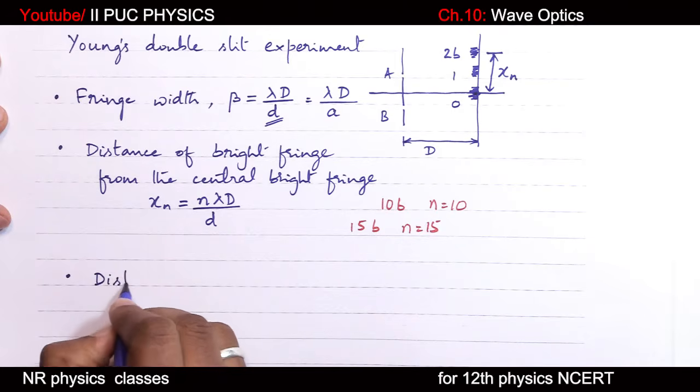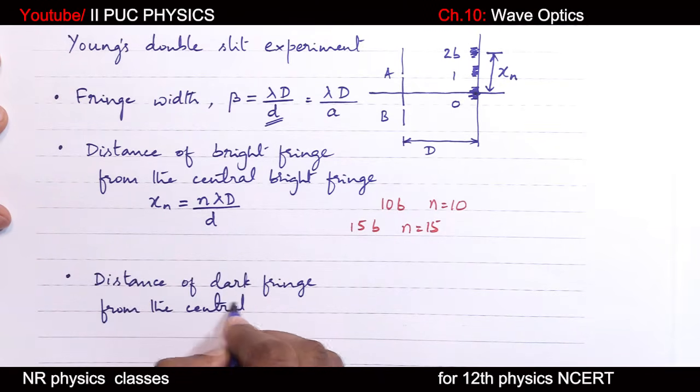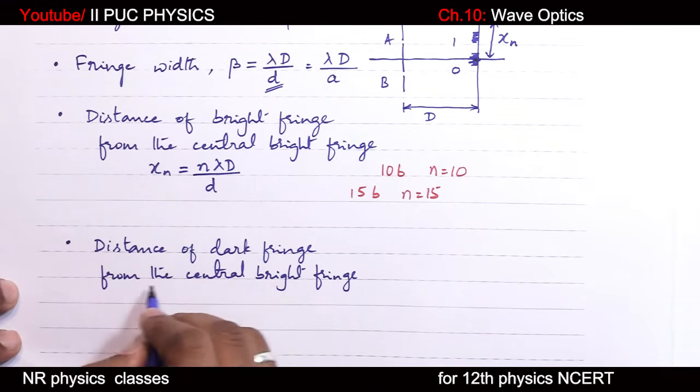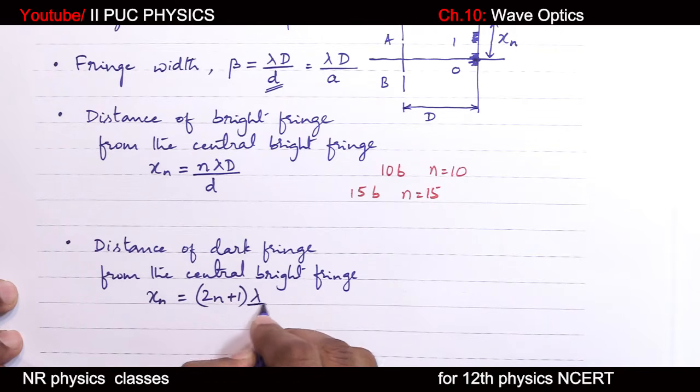Distance of dark fringe from the central bright fringe: xn equal to (2n plus 1) lambda by 2 capital D by small d.